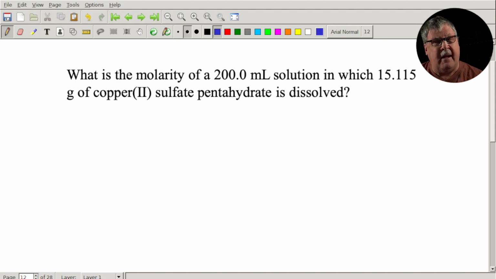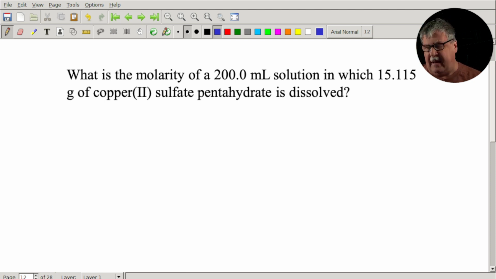Think about this: if you were doing this in lab, what would you do? You'd weigh out 15.115 grams of copper 2 sulfate pentahydrate. You'd transfer that into a volumetric flask that has a volume of 200 milliliters, and then you'd fill the volumetric flask so that the meniscus is on that 200 milliliter line, seal it up, and shake it up, and you have your solution.